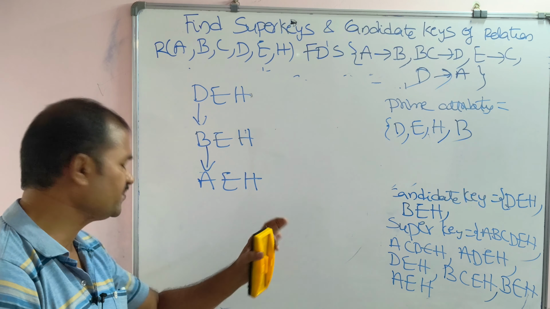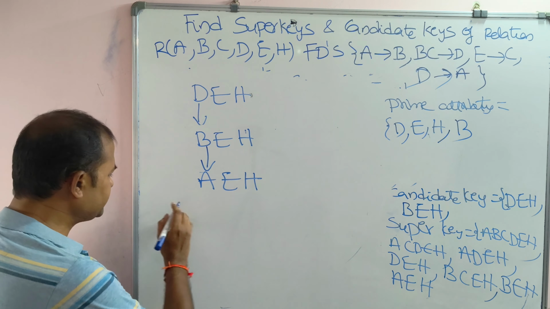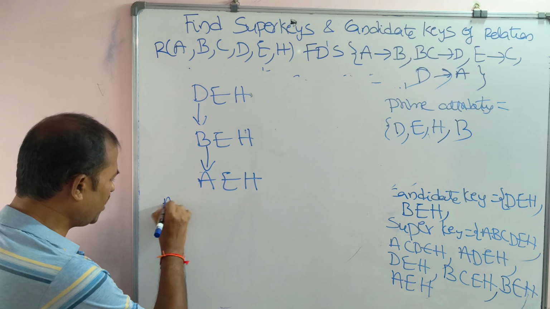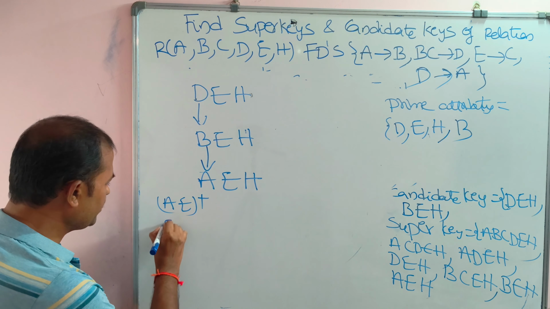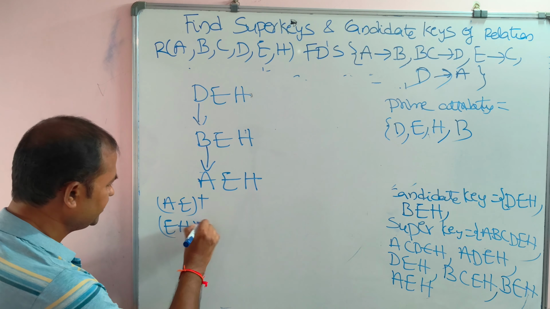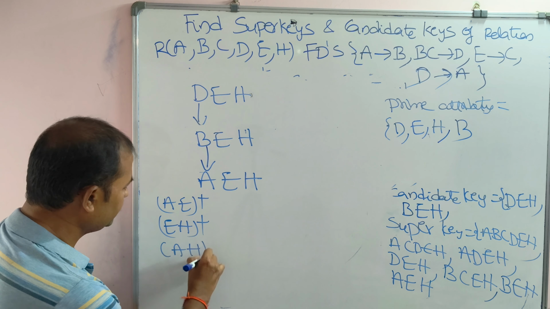So in this situation, we have to determine all the subsets. So what are the subsets here? With 2 attributes, we have AE, so determine AE closure. EH, determine EH closure. Next, determine AH closure.